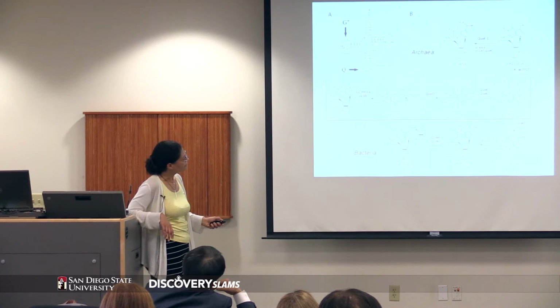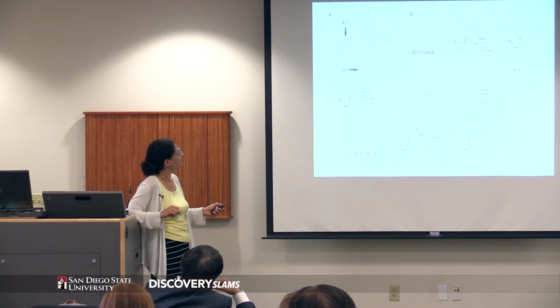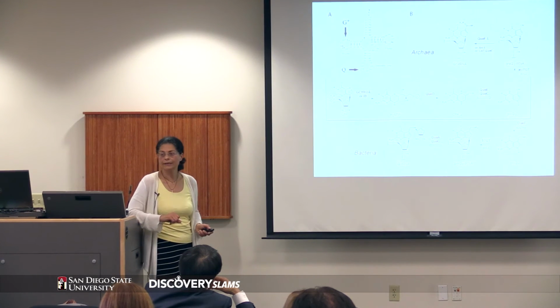In the bacteria it goes one way, in archaea it goes another. But what I want you to focus on are these few enzymes that we discovered and studied heavily. The first is the first enzyme in the entire biosynthesis pathway. You can see there's 1, 2, 3, 4, 5, at least 5 or 6 enzymes in the bacterial pathway, and maybe also the same number in the archaeal pathway.